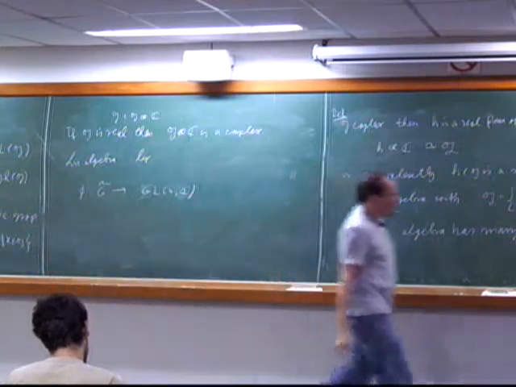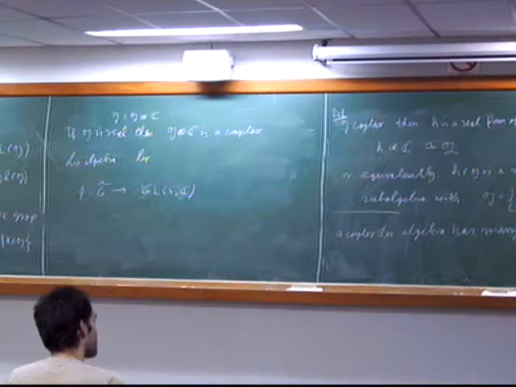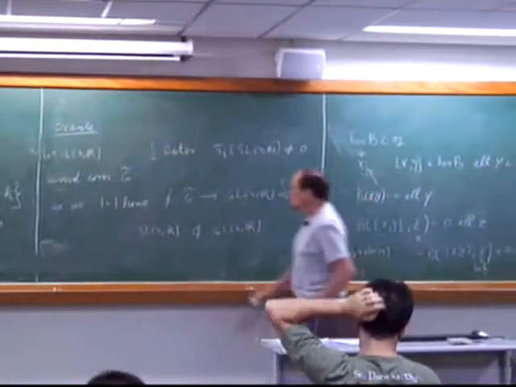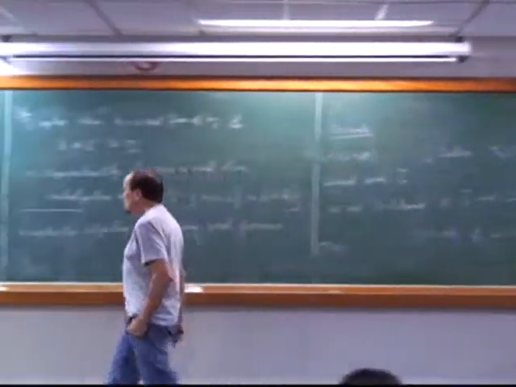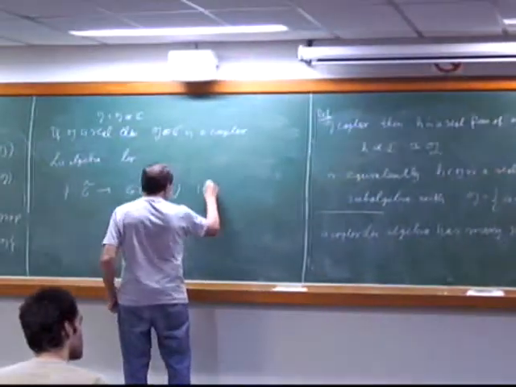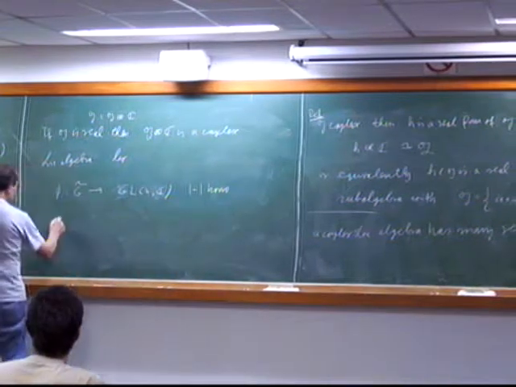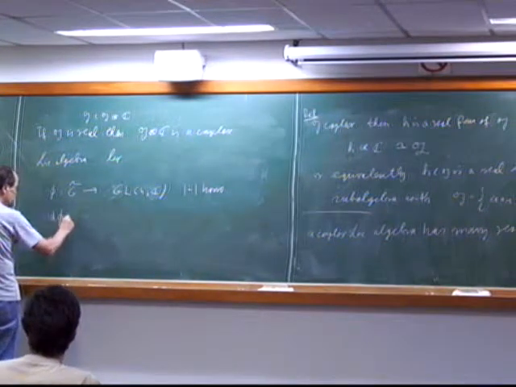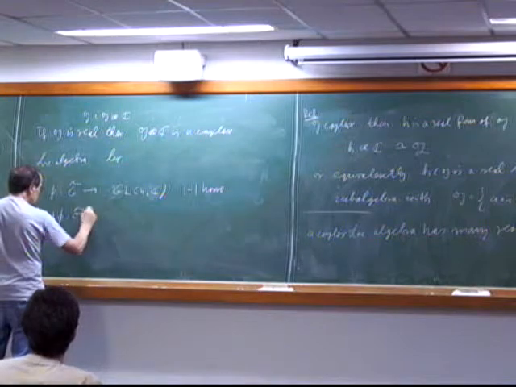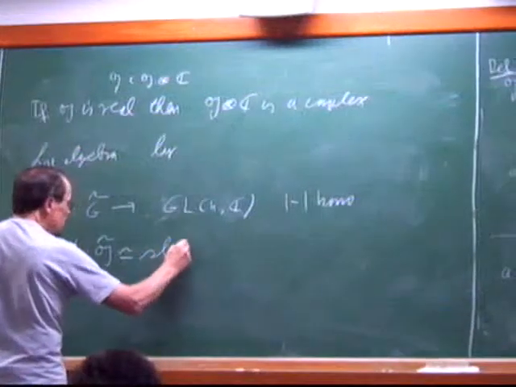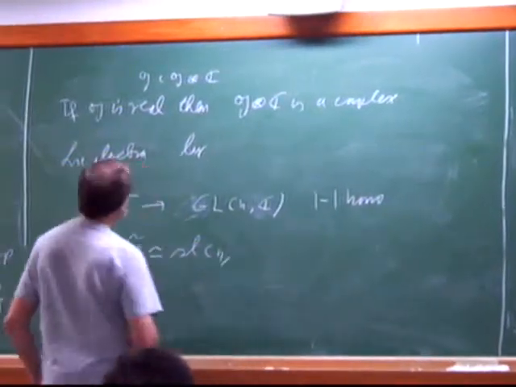Of course, since GL(n,R) is a subgroup of GL(n,C), it doesn't matter if I go into GL(n,R) or GL(n,C), right? So I prove both at the same time. It's a one-to-one homomorphism. Then I get a homomorphism of Lie algebras, which is sl(n,C), sl(n,R).